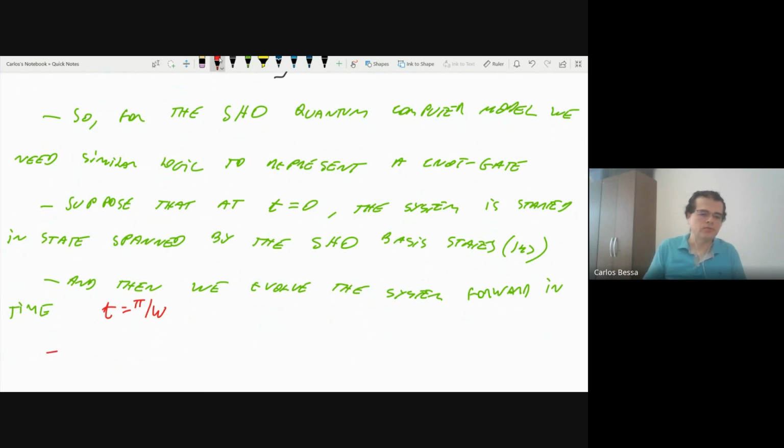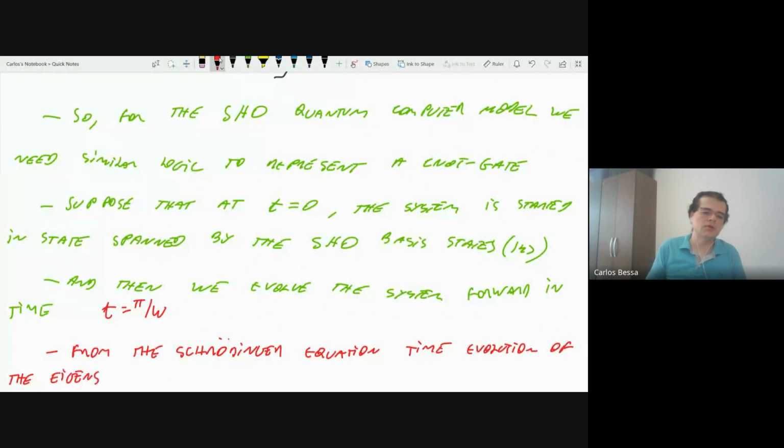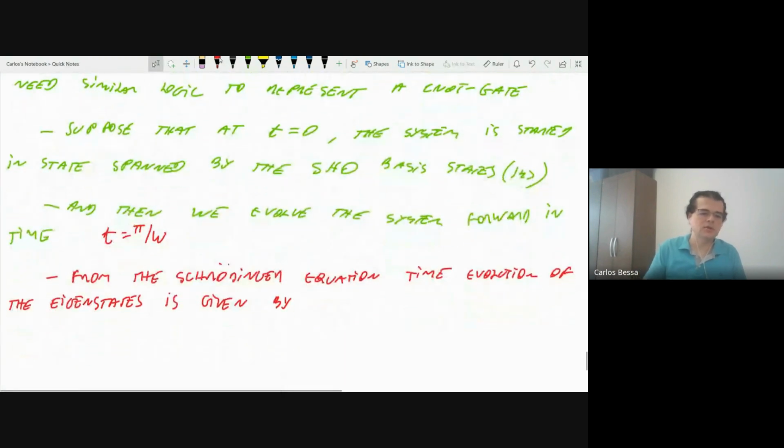So we know from the Schrödinger equation that the time evolution of the eigenstates is given by, just write here the Schrödinger equation for time evolution: i h bar d psi of t is just the Hamiltonian psi of t.